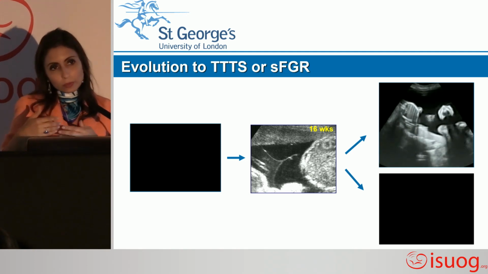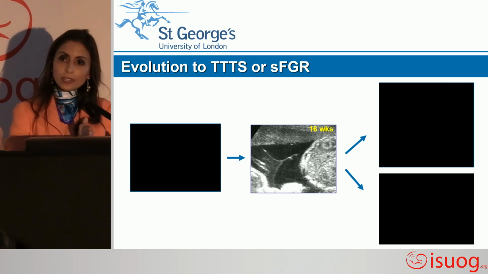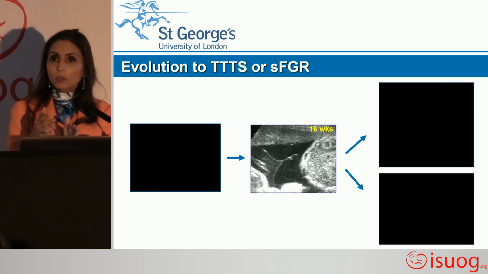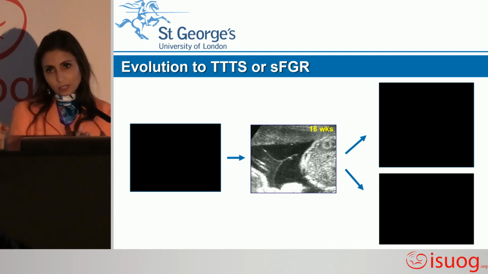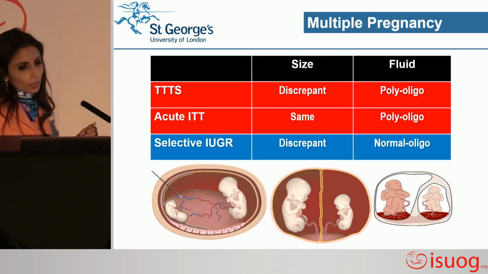The other thing is that sometimes with selective fetal growth restriction, you're following up and then suddenly you have TTTS, and in these cases the management is very clear-cut: it will be the management of the TTTS. So it would be laser, for example, because now it's TTTS superimposed on selective fetal growth restriction.